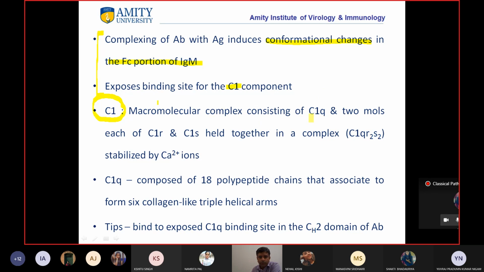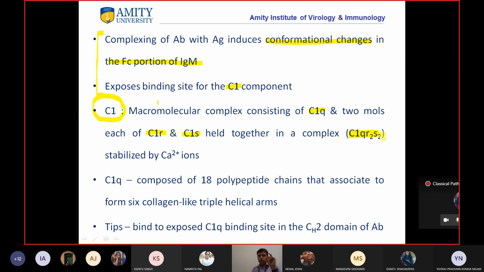One is your C1Q, two molecules each of C1R and C1S, and they're held together in a complex which we write as C1QR2S2, which is stabilized by calcium ions.